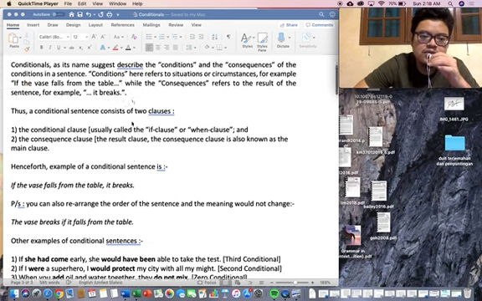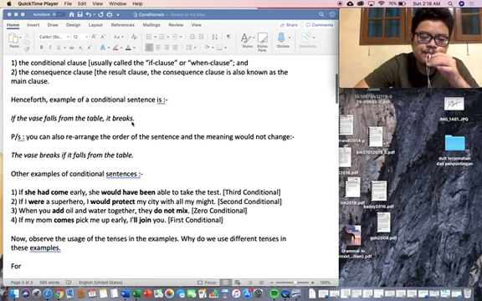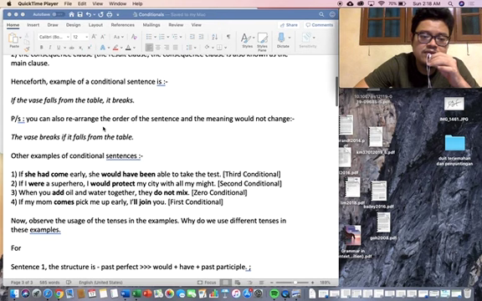You can go through the notes here. You can also rearrange the order of the sentence and the meaning would not change. As you can see here, the vase breaks if it falls from the table. I put the first part here, whereby the vase breaks if it falls from the table.